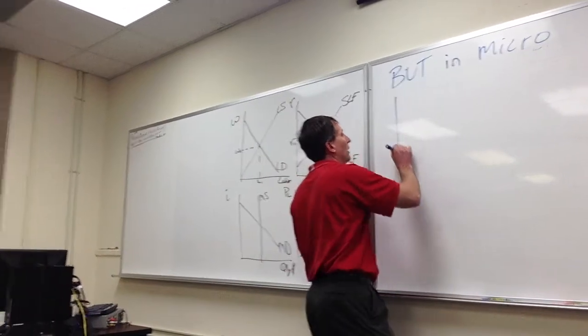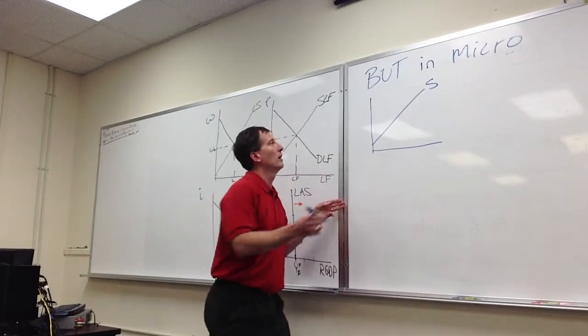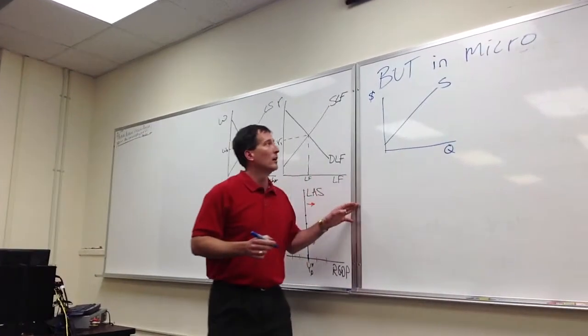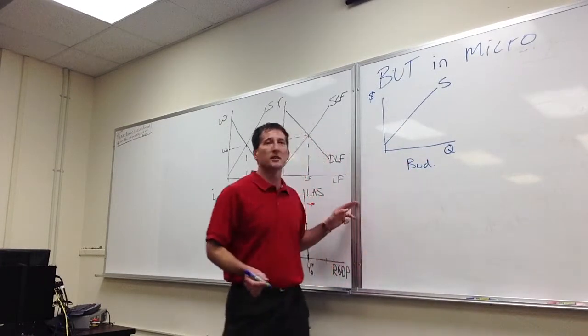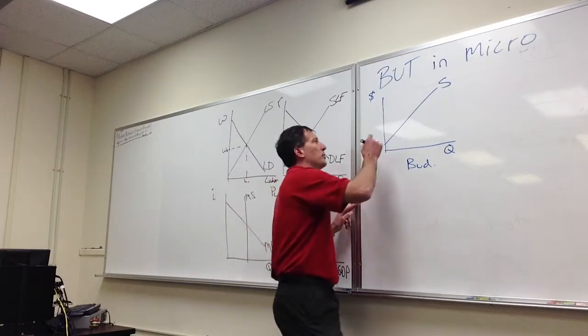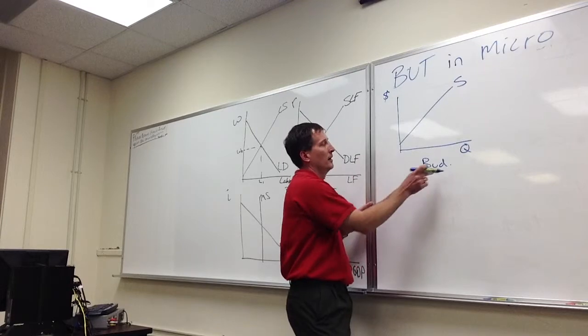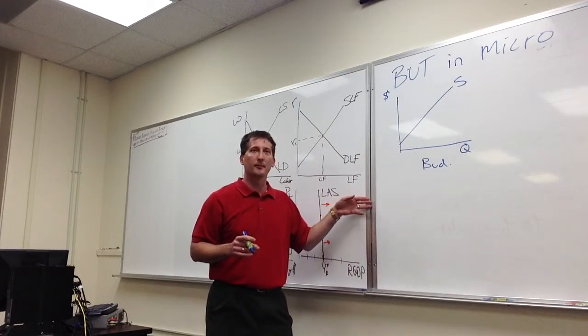But in micro, the supply curve looked like this. And so let me pick on the beer companies for a while. If this is Budweiser or beer, the supply curve looked like this. As the price of beer went up, then Bud was willing to supply more to the market.